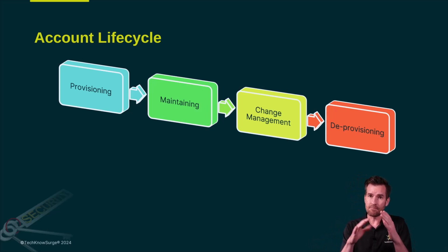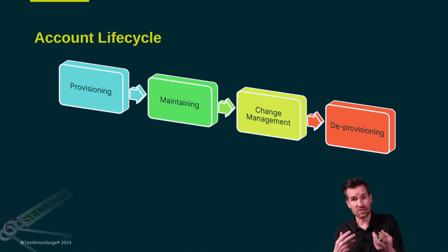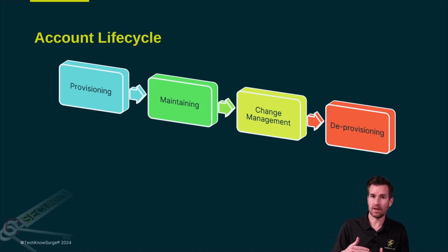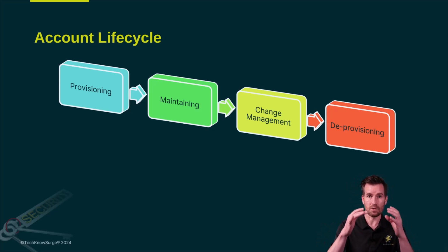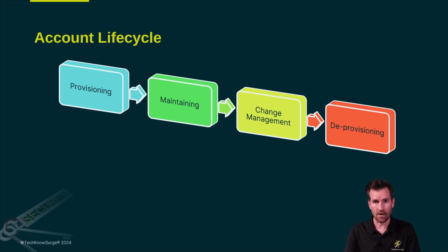So we manage those accounts as things change, so that we don't give them access to systems that they don't necessarily need access to at any given time. And then we go through a deprovisioning process. When that person leaves, we have to terminate the account and bring it down. So we go through this process of decommissioning or deprovisioning resources from that account.